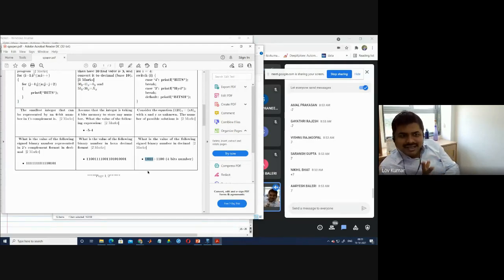In the next class, we will see some examples related to that. Now you can see this type of question you can get in your exam. What is the smallest integer that can be represented by a 6-bit number in 1's complement? We will see that in the next class. But in the case of sign magnitude, what is the smallest number we can represent using 6 bits?